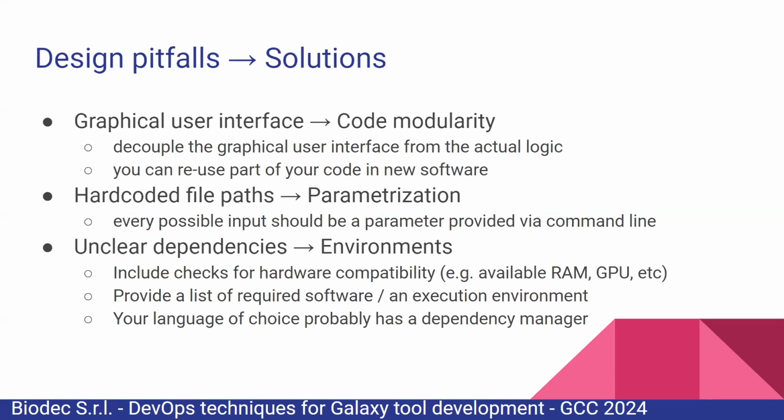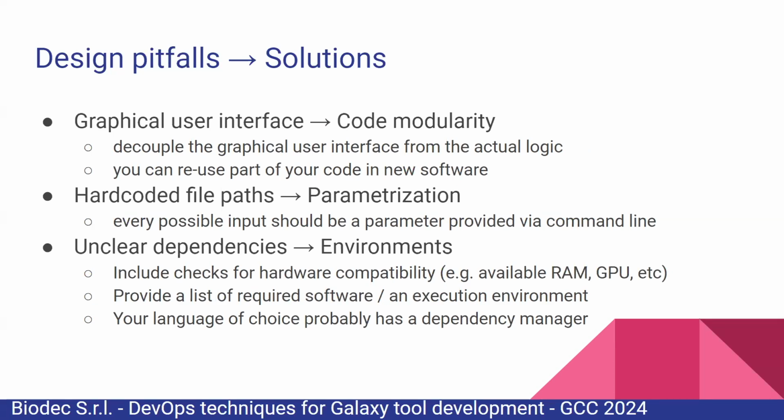So the solutions are to push for code modularity, so break the tool into different pieces. Keep the user interface, the graphical user interface. It's good, but it should be a separate piece that connects to the main tool.